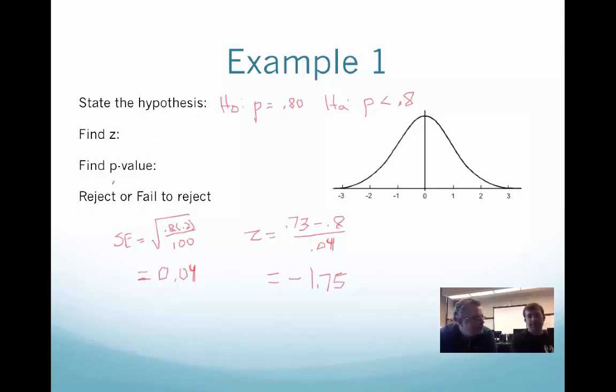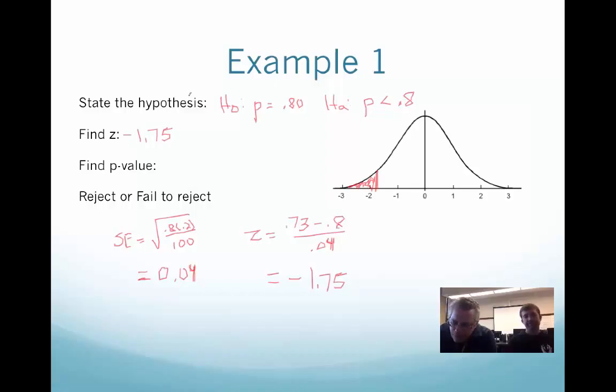I've got a hunch that we're going to fail to reject, but we'll see how it works out. It's not that unusual, but we'll see. Find the p-value. z has a standard normal distribution, and the p-value is the probability of observing that value of z or less, so it's the lower tail.